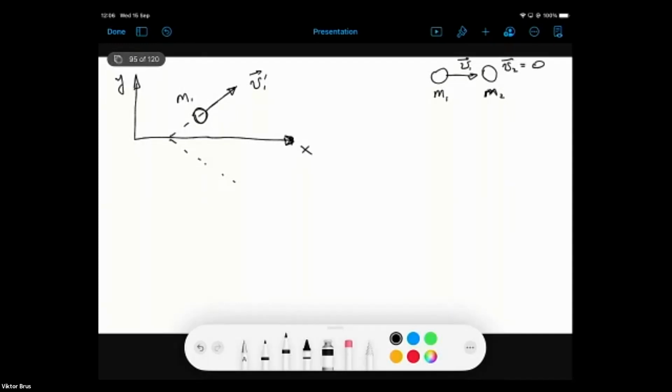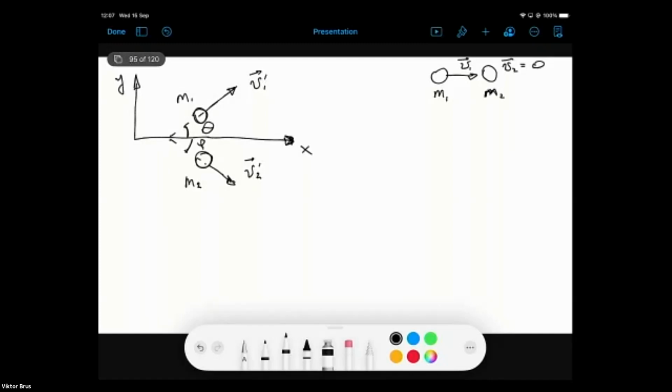Prime means velocity after collision. And here will be some angle theta. Then here will be body M2 with mass M2. This will be the orientation of its velocity vector, v2 prime. And here will be some other angle, let's call it phi.